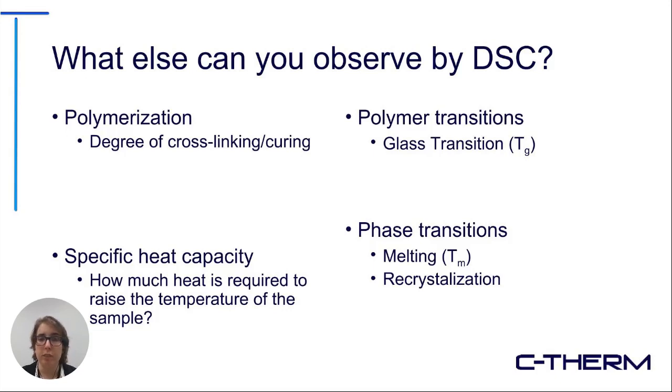We also don't have time to go into it here, but with more advanced calorimetry equipment than we're highlighting today, you can also look at reaction calorimetry, where you might look at what the heat flow signal looks like if I mix my monomer with my radical initiator and watch the polymerization reaction in an isothermal calorimeter. So that's something you can get into as well.